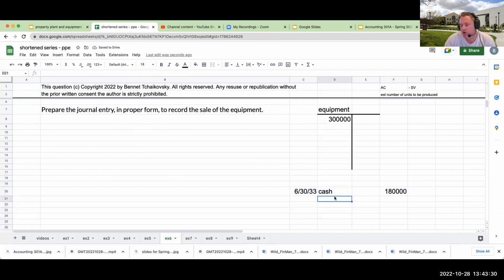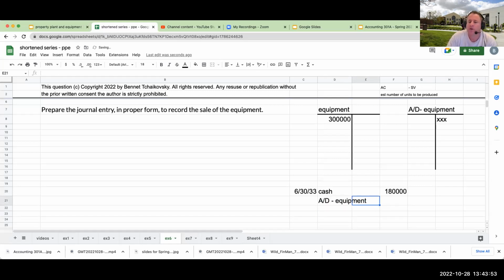The other thing I also know is that in addition to this equipment, I've been using the equipment since 2030. So I'm going to have accumulated depreciation on that equipment, and I'm going to have to figure that out. I know that it's going to have a credit balance because it's a contra asset account. So over here, I'm going to be debiting accumulated depreciation on the equipment, but we don't know what that amount is going to be yet.